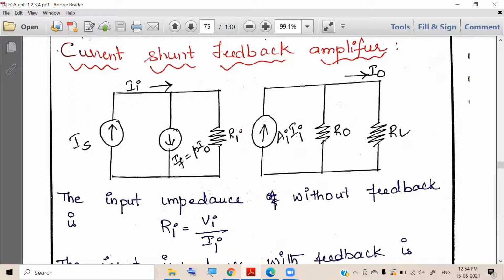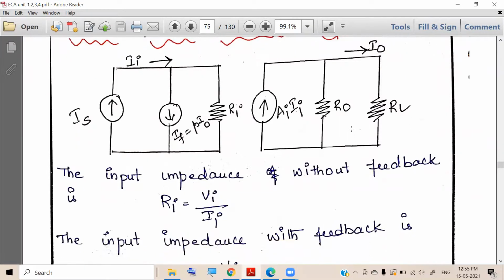The current through R naught will simply be V naught by R naught. So the current here is AII, and the current here is V naught by R naught, so we can write I naught in terms of AII and V naught by R naught.